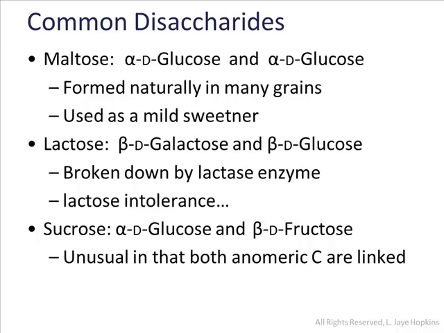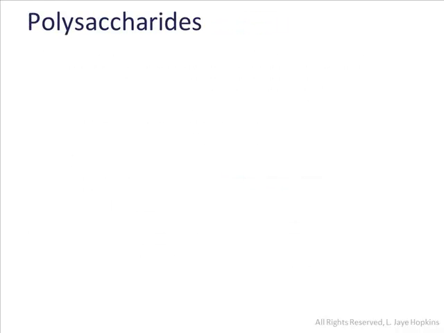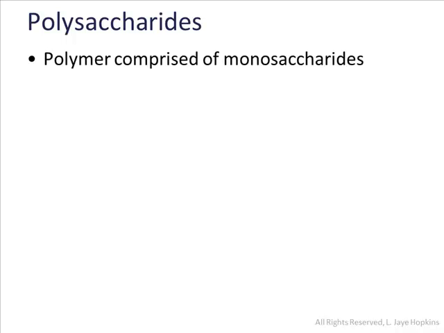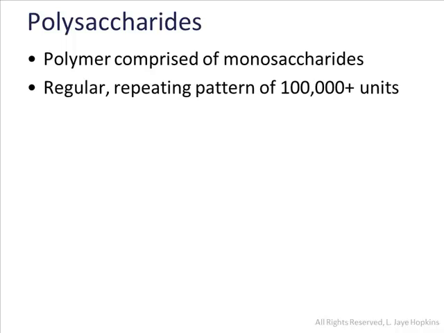Now let's move on to see what happens when we combine not 2 monosaccharides together, but rather hundreds and thousands of monosaccharides. The result is what's called a polysaccharide. And like the name implies, polysaccharides are really just polymers comprised of monosaccharides. A typical polysaccharide will have one monosaccharide unit that repeats thousands, even hundreds of thousands of times.